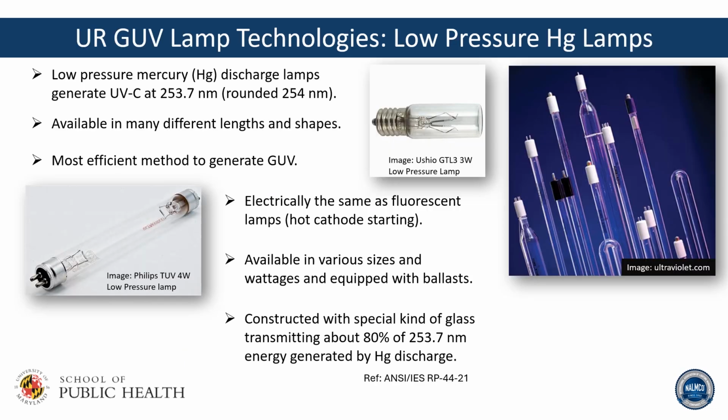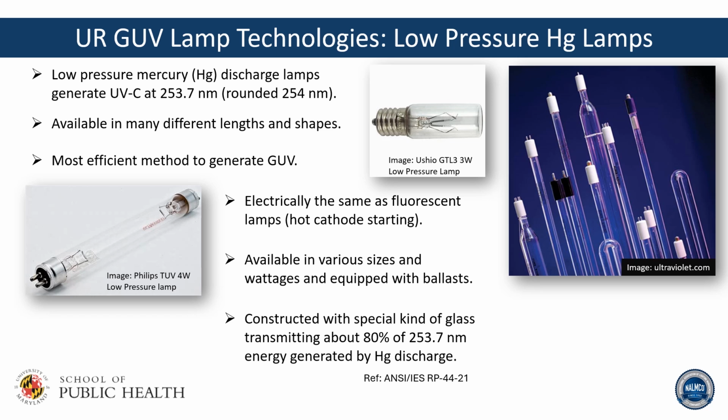Let's look at low pressure mercury lamps. They generate UVC at 253.7 nanometers, again often rounded to 254 nanometers. They are available in many different lengths and shapes. They're the most efficient method to generate germicidal ultraviolet.